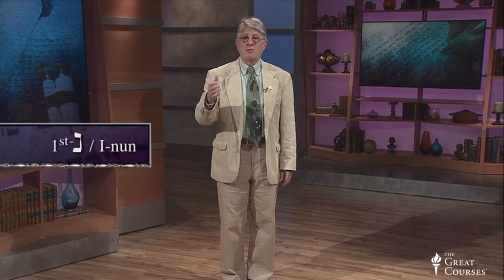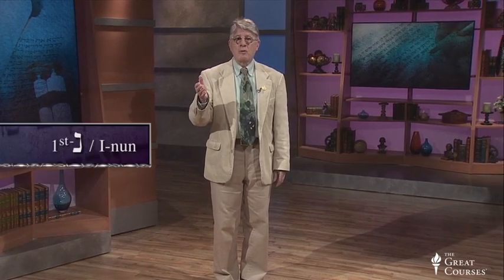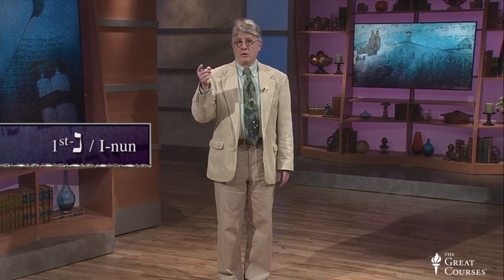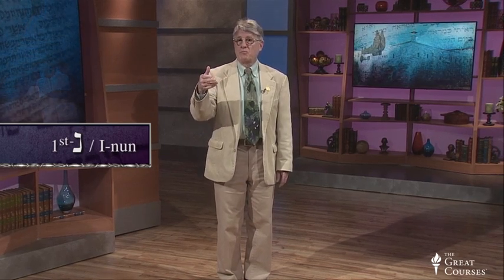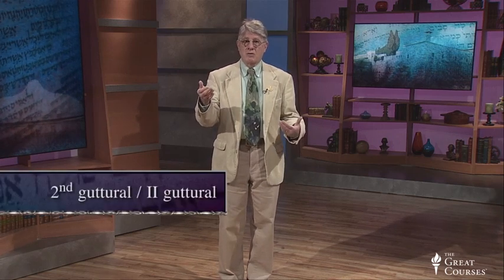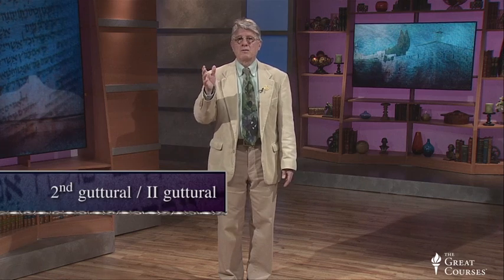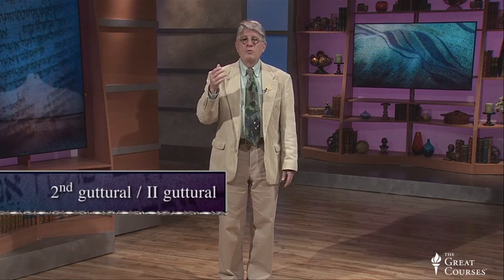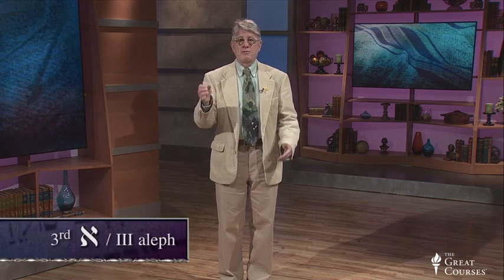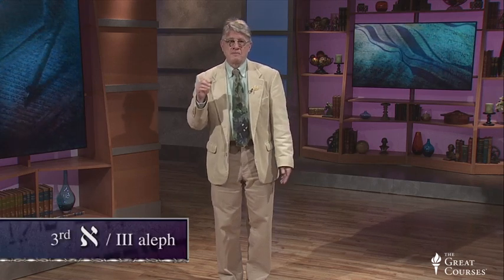So a root whose first consonant is a nun may be called first nun or labeled with a Roman numeral 1 nun. In writing, the Hebrew letter may be printed or transliterated. A root whose second consonant is a guttural would be called second guttural or 2 guttural, or sometimes middle guttural. A root whose third consonant is an aleph would be called third aleph or 3 aleph.